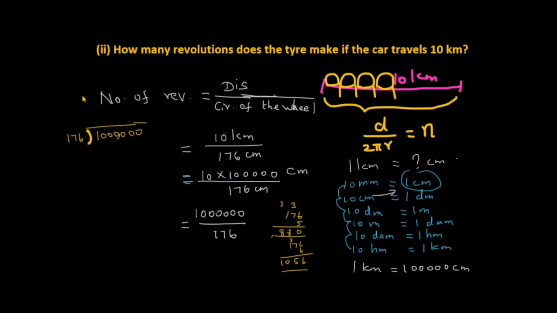So we divide with 5 times, 880, remainder 120, and take the next number.